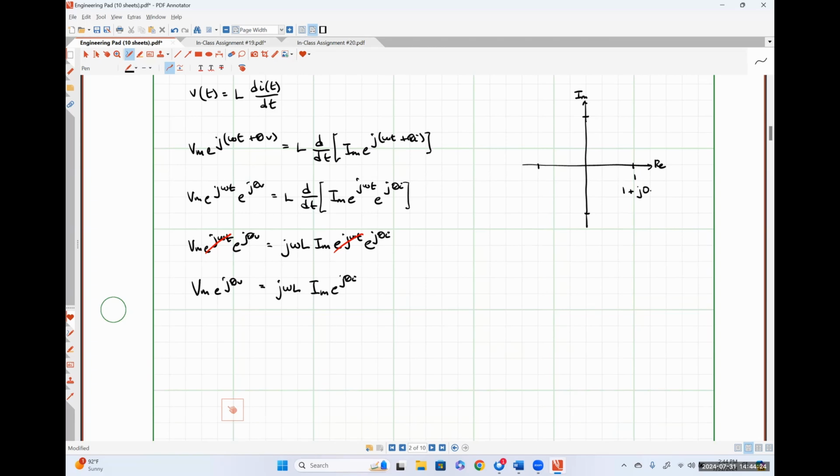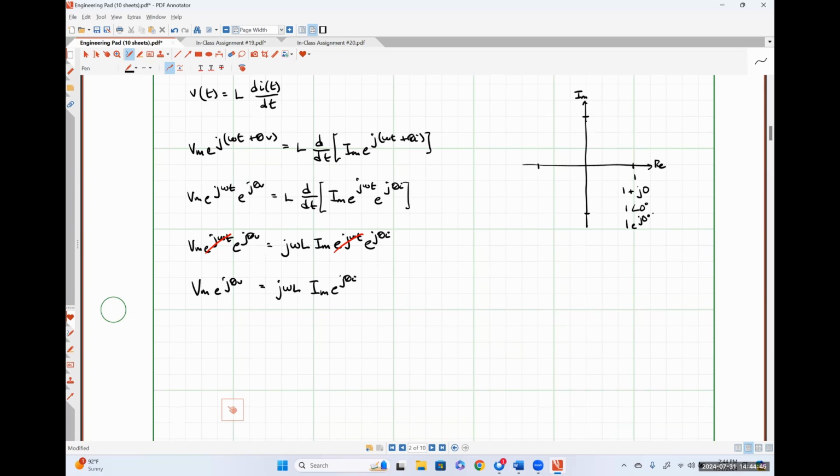Or we could express it as a polar form complex number, which would be 1 angle 0 degrees, or in exponential form, 1e to the j 0 degrees. So these are all effectively 3 different ways to represent the number 1 as a complex number.